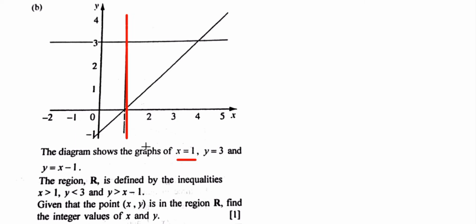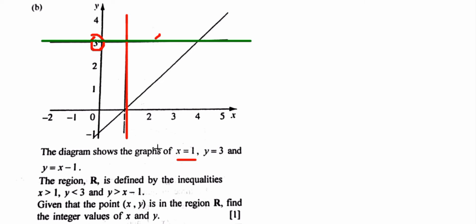Y is equal to 3 will be always a horizontal line. Where is y is equal to 3? Y is equal to 3 is here. So this line represent y is equal to 3. This is your second line.